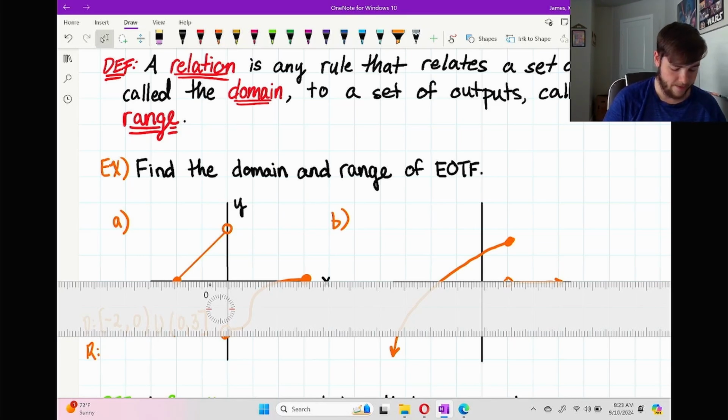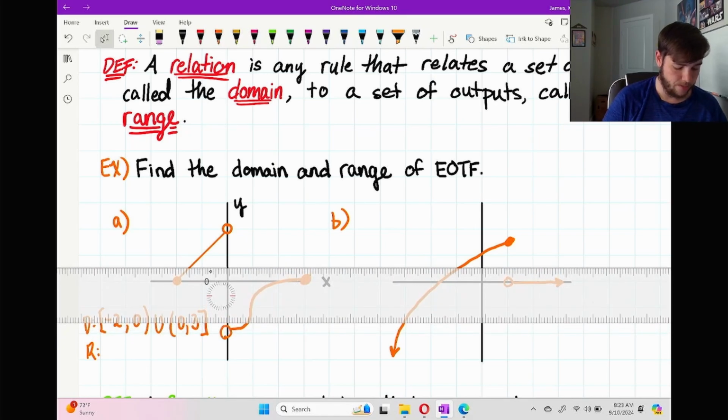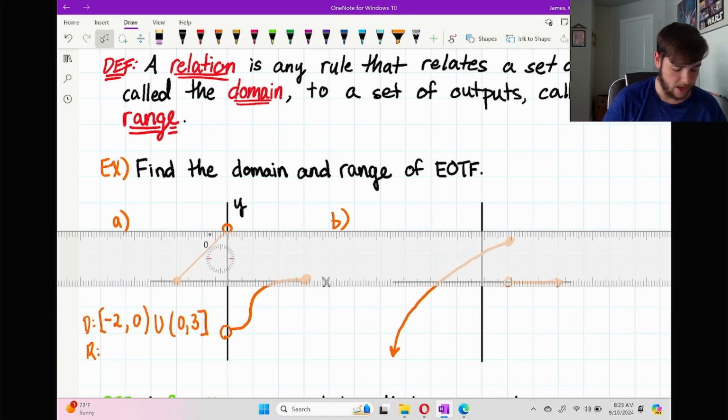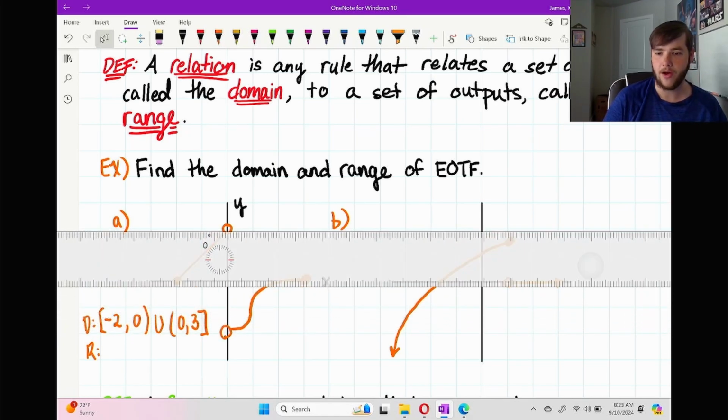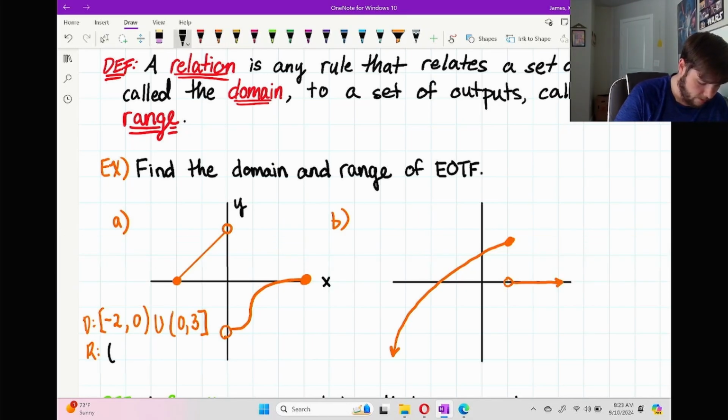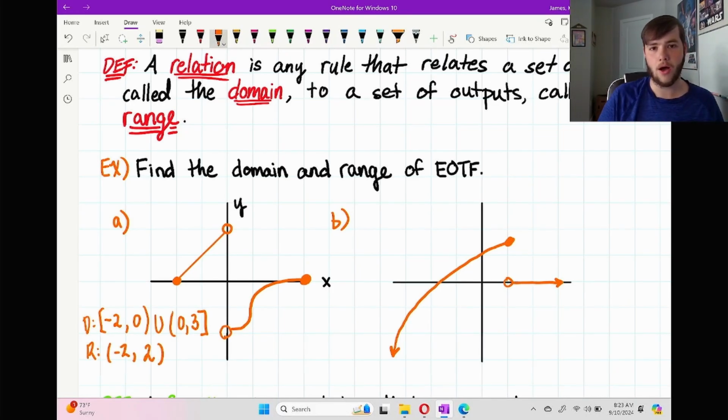I just jump over to the left, and then I come up to 2, where I'm no longer on the picture. So all of the points between -2 and 2 are in the range, not including those two.